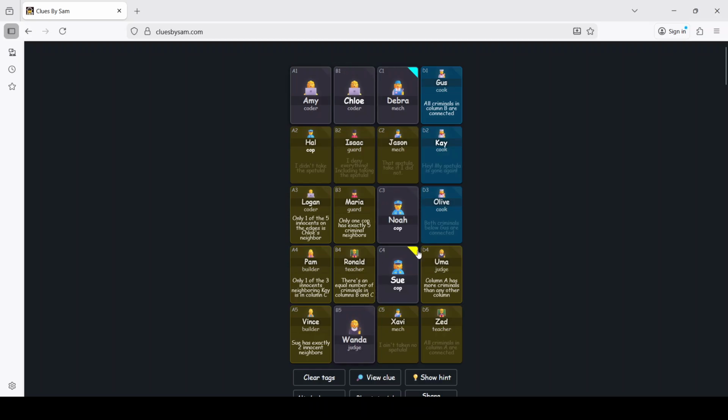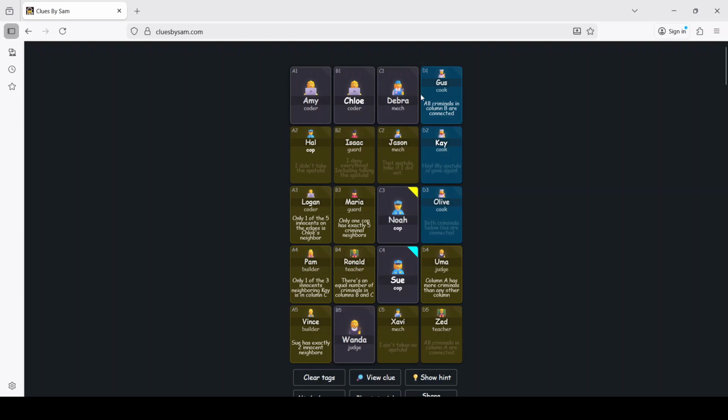Then we can check, well, what if Sue is innocent? If Sue is innocent, that is honestly not going to tell us that much in itself. Except we know that either Chloe or Wanda is innocent, but not both.